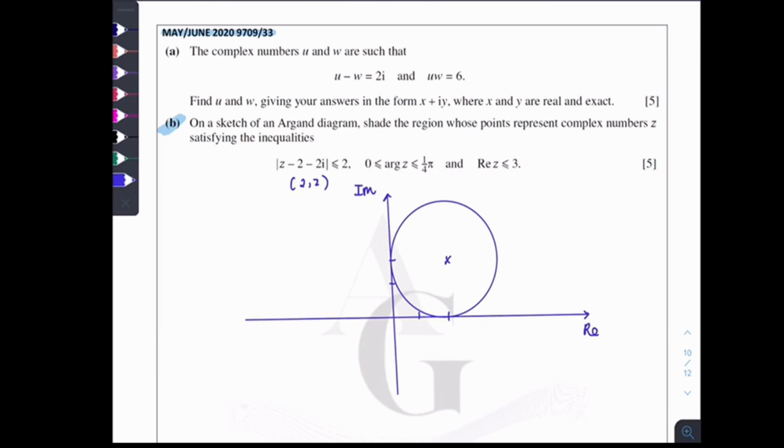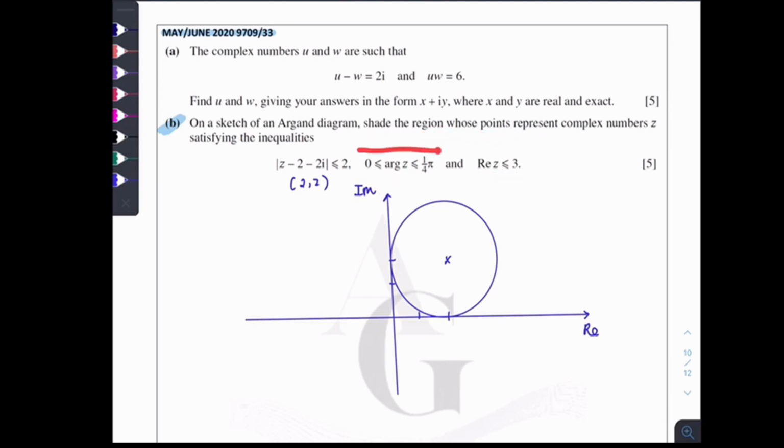Okay, so this is our circle, and it's less than or equals to 2. That means you have to shade inside the circle, and the circle must be a solid line. So before we shade it, we have to consider the other inequalities as well, because you are asked to shade the points that represent all 3 inequalities, which is the intersection.